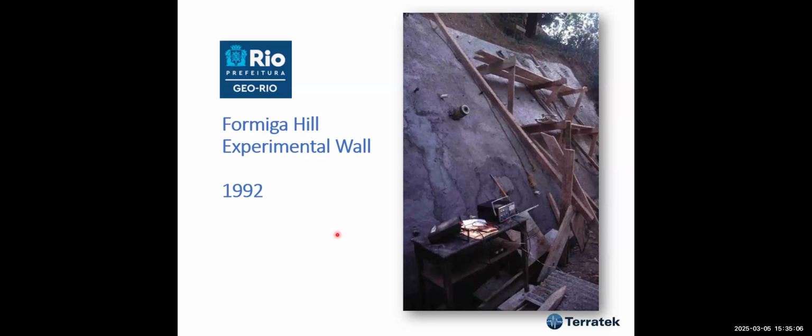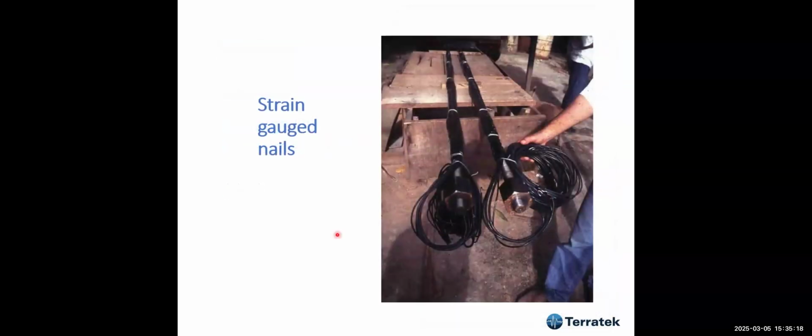And this was the first experimental wall that we carried out in 1992 with shotcrete, and we did a lot of research. It was not a very high wall. It was about 4 or 5 meters. I don't remember exactly, but we installed some strain-gauged nails in order to measure the distribution of loads along the nail.